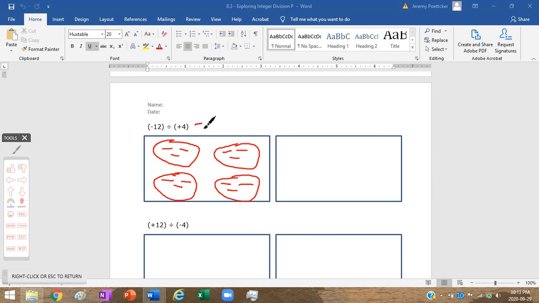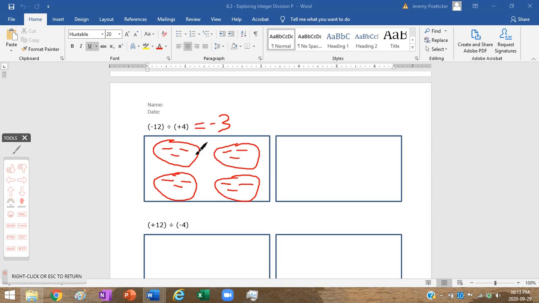How many are in each group? There's negative 3 in each group. Again, you can show that with 0 pairs. I'm going to divide 12 into groups of positive 4. How many am I going to have to take away to do that? It creates more confusion than it's worth to model it that way.